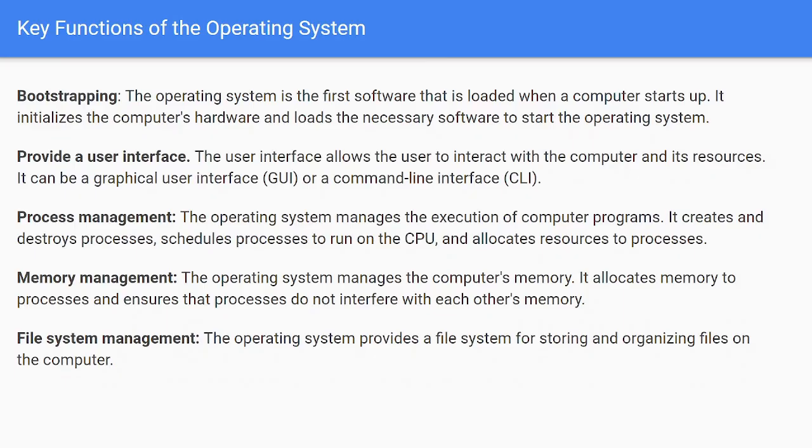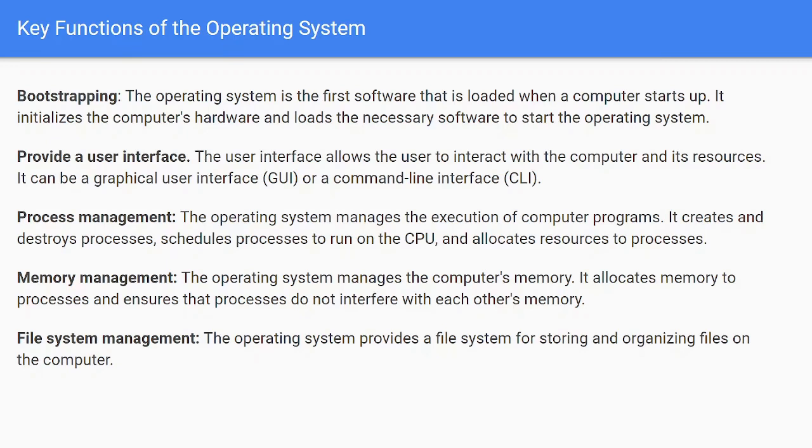All right. So what are the key functions of an operating system? Number one, we have bootstrapping. The operating system is the first software that is loaded when a computer starts up. It initializes the computer hardware and loads the necessary software to start the operating system.